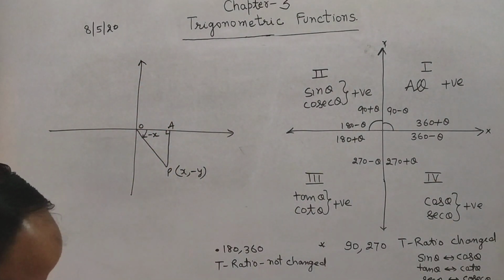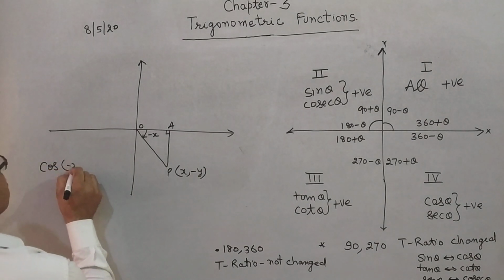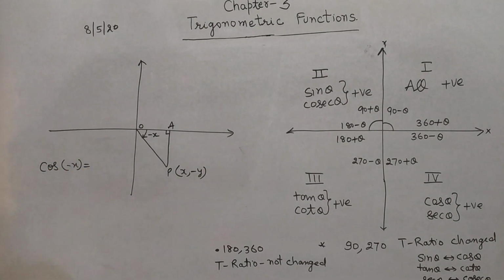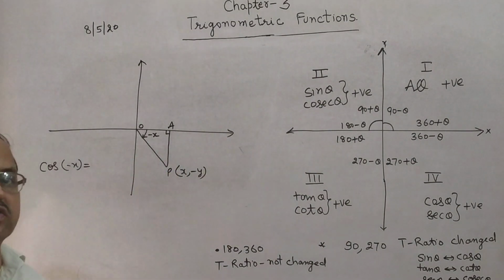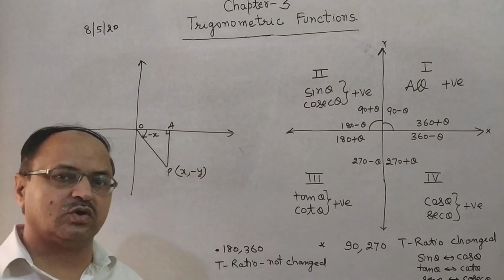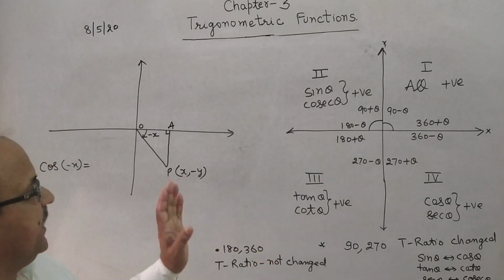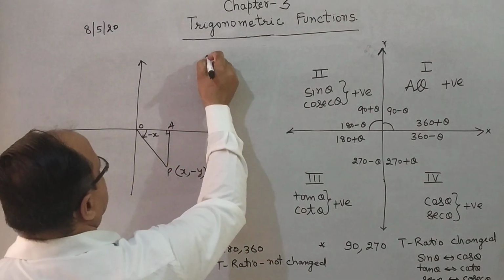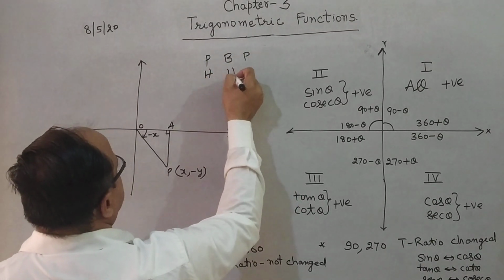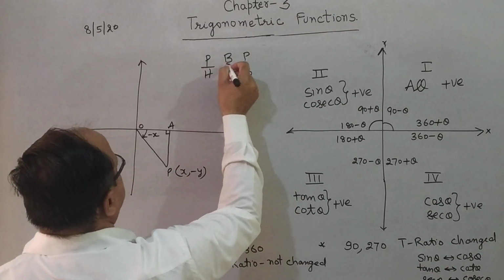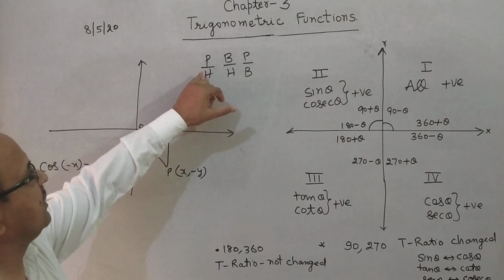Suppose you want to find cos of minus x. You know, in this triangle, cos is the base upon hypotenuse.